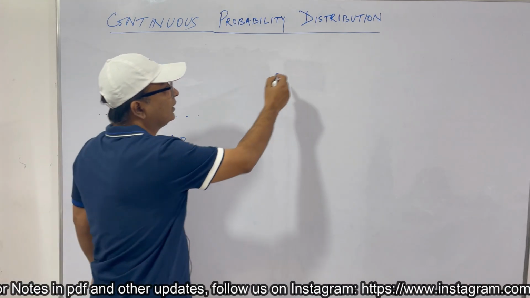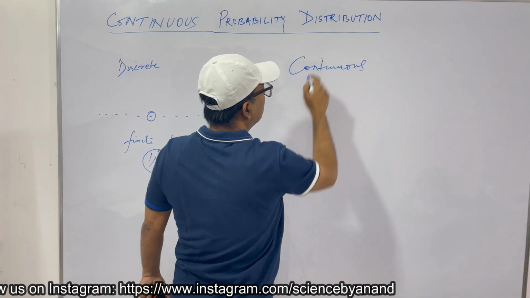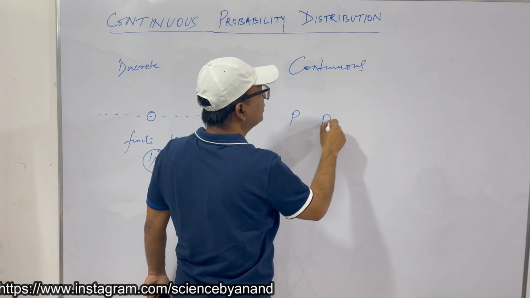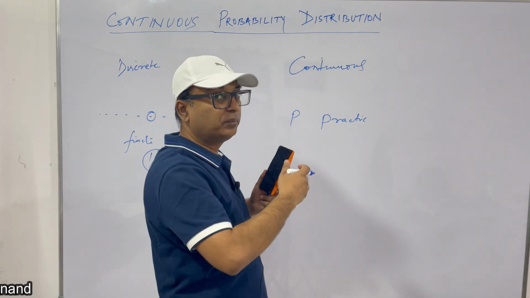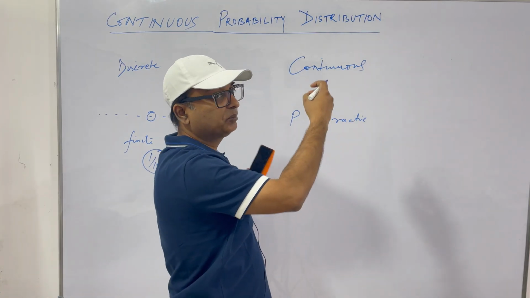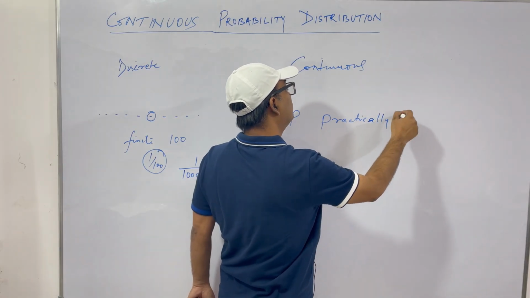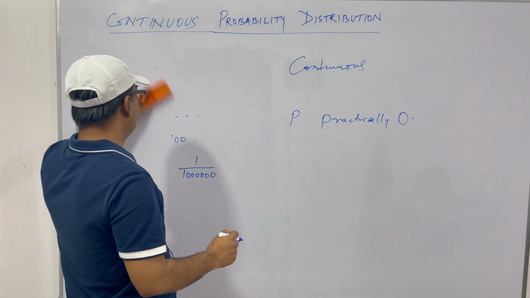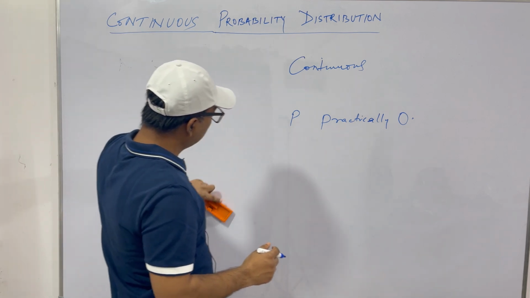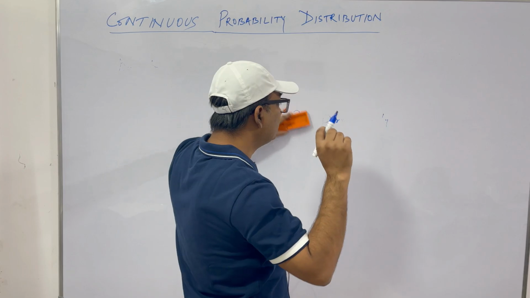So for a continuous distribution, probability is practically zero, because if there are 1 billion points and you have to find the probability of 1 point, that is practically zero. So in case of continuous probability distribution, we don't take the probability of the variate x at a particular value a.